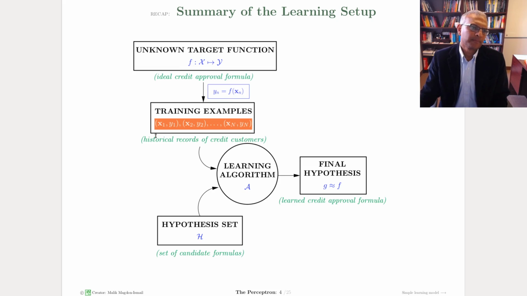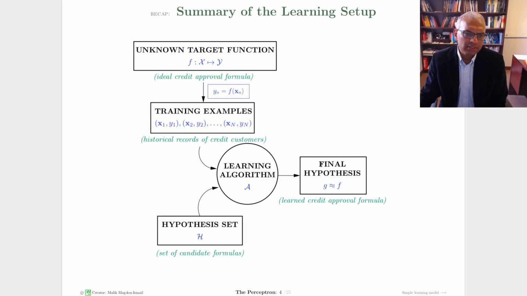So you get x1, y1, x2, y2, and so on, xN, yN, using the target function f. Now, you don't know the target function f, so that's where the trick is. You have to somehow indirectly have access to these y's. In the case of the credit approval application, these are the historical records of existing credit customers. They are extracted from the historical records.